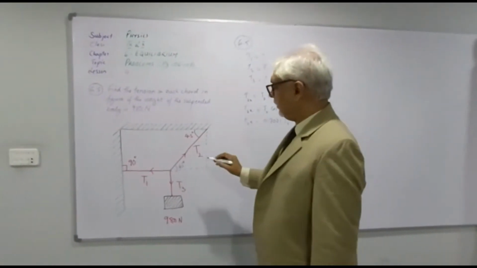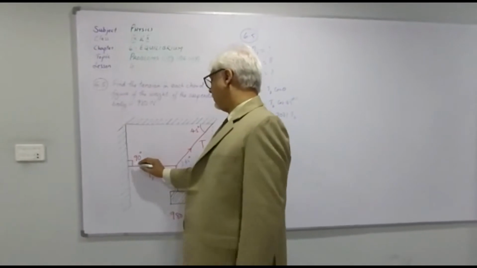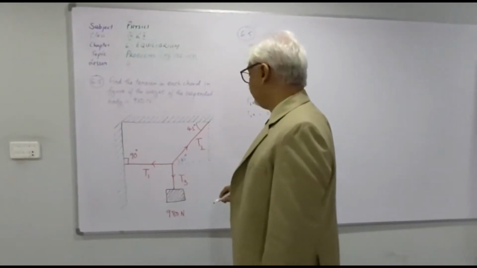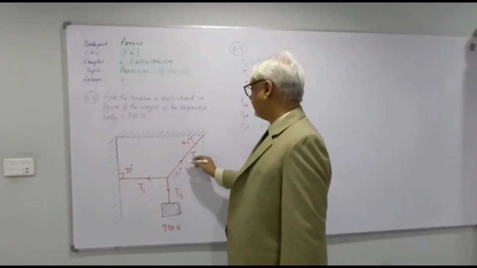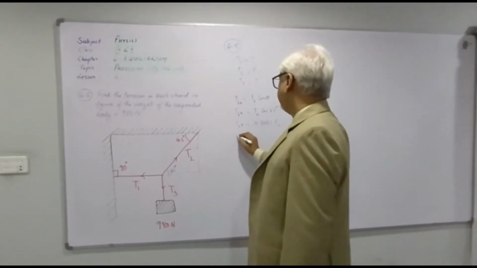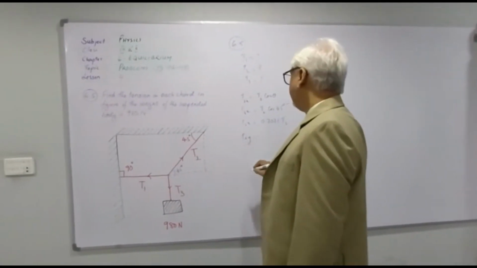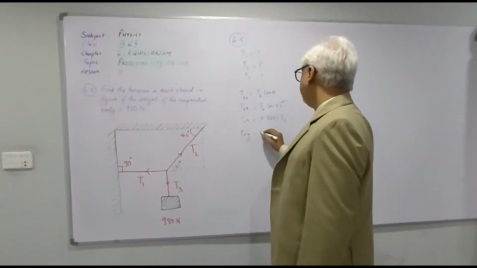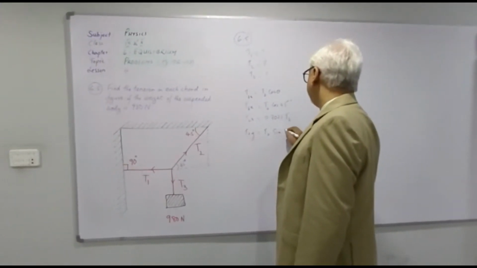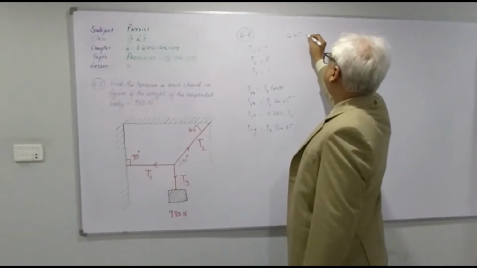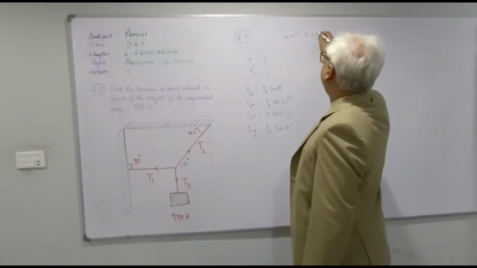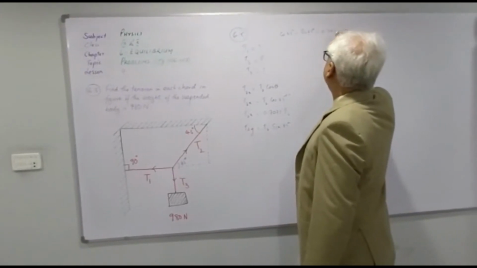Before I move on to T1, let me calculate T2y. T2y would be equal to T2 sine 45, and you know that cos 45 and sine 45 have the same value, which is 0.7071.